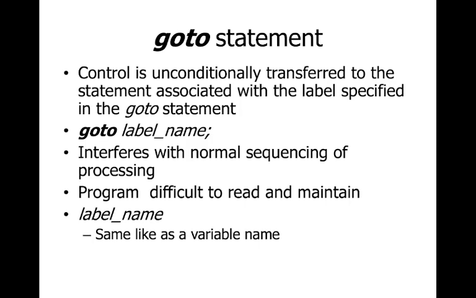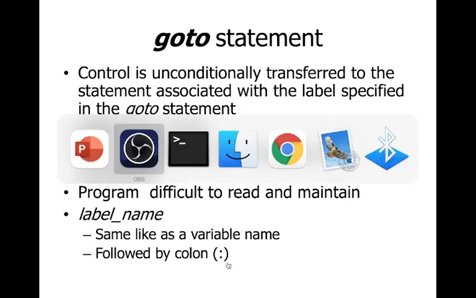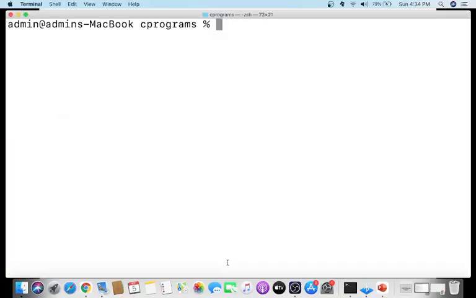You have learned about that. The same rules are applicable for the label name, and it will be followed by a colon. It is not a semicolon, it is a colon, like in the case statement, which we have already seen. We will see an example of the goto statement, then you will understand it.